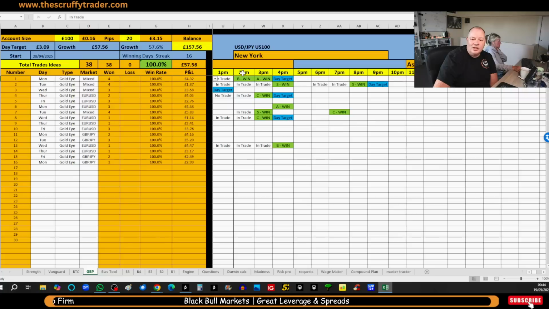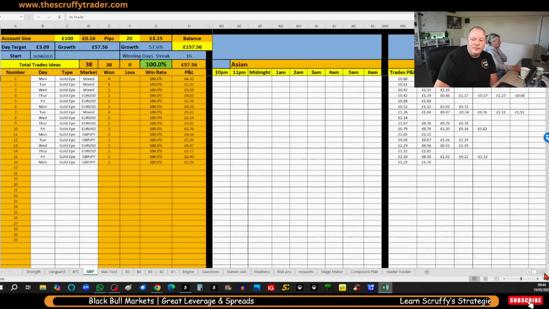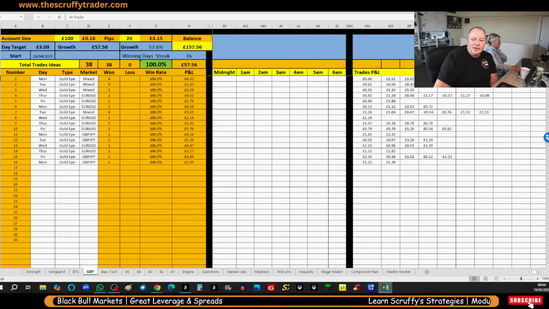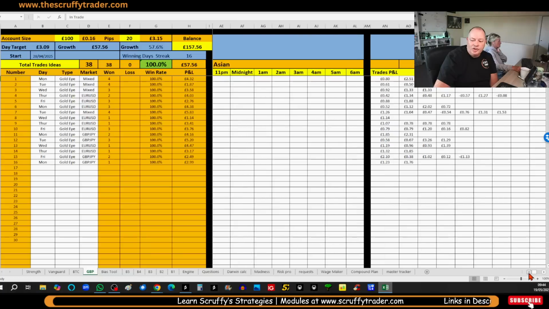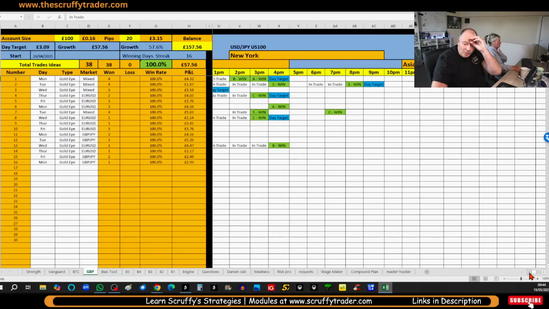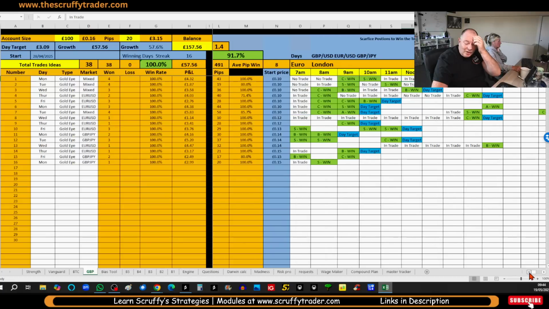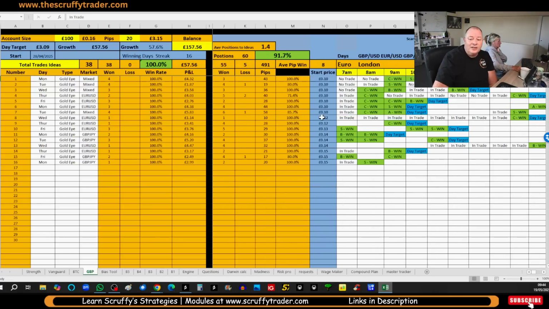So New York would start on the 2 o'clock candle. This one starts at 11 o'clock candle, runs through, and then all you do is make a quick list across here, just what the winning positions are, and it'll add them up, and you can see exactly which ones won, lost, etc. It's a very good sheet. It's very intuitive, and it helps you plan out exactly what it is that you're after.